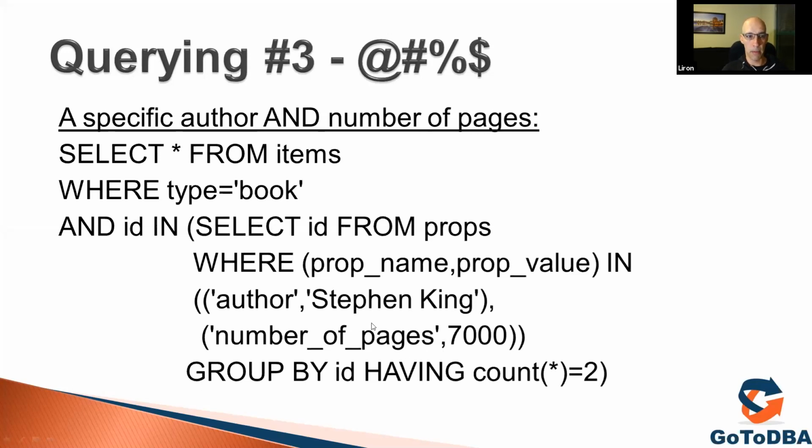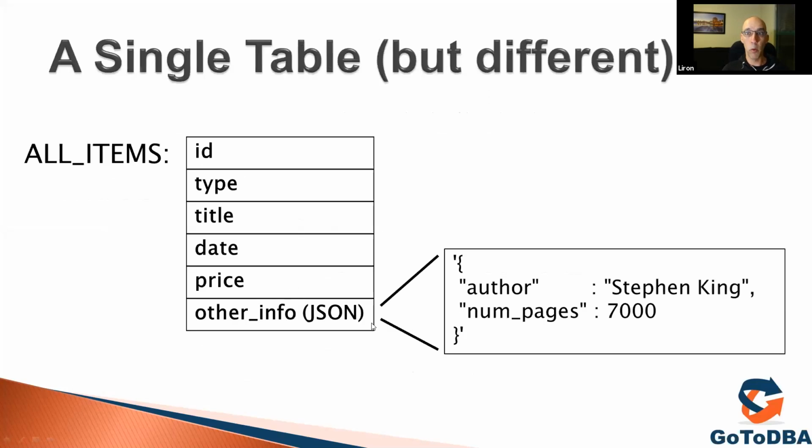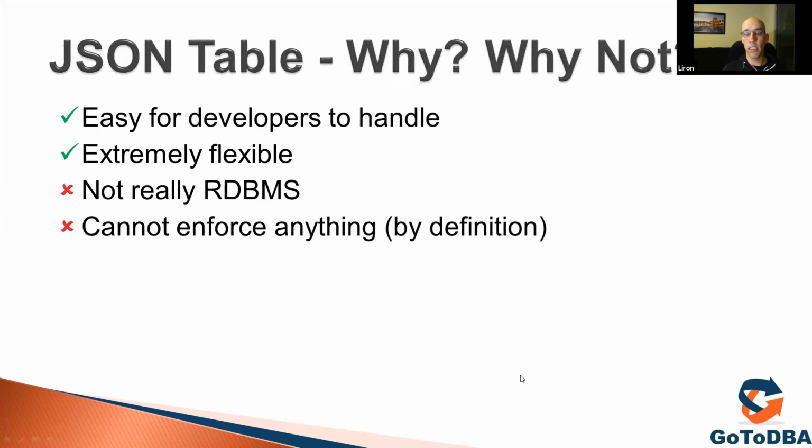And the last example would be one table, but where the other info is basically a JSON or XML or something like that. And then you can put anything you want here, okay? And the pros and cons here is it's very easy for developers to handle because they use JSON and XML all the time.